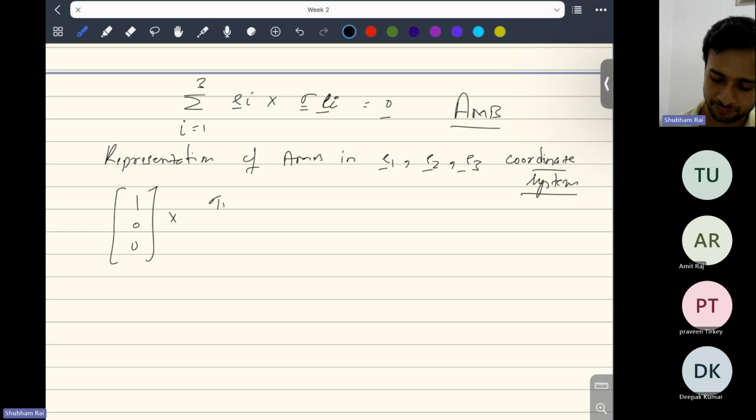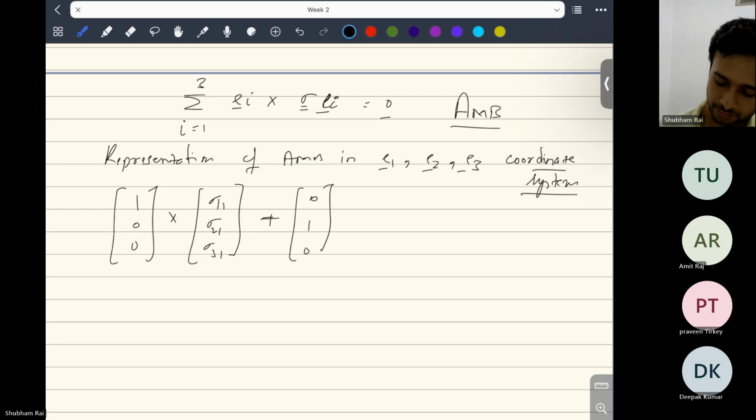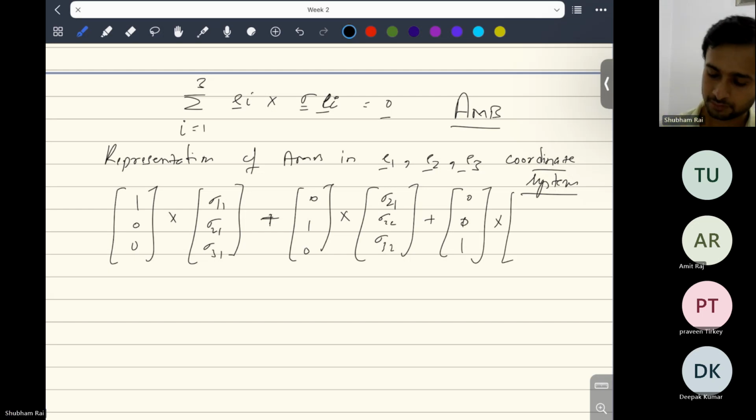Sigma e1 will be nothing but sigma 11, sigma 21, sigma 31. So that is the first term, plus e2 cross product with sigma e2, which is sigma 12, sigma 22, sigma 32, plus e3, (0, 0, 1), cross product with sigma e3, which will be sigma 13, sigma 23, and sigma 33. Okay, and that is equal to the 0 vector.